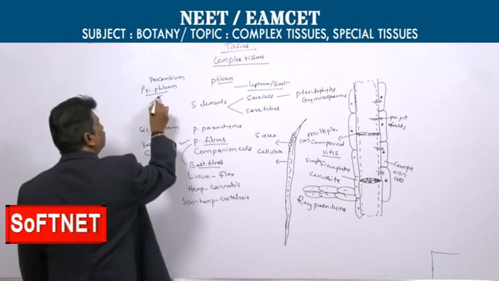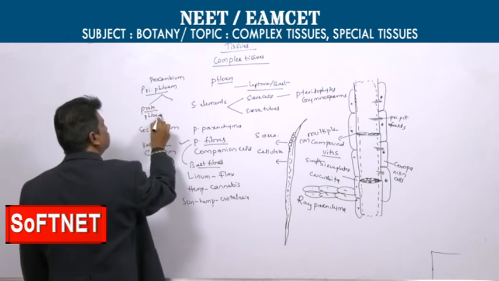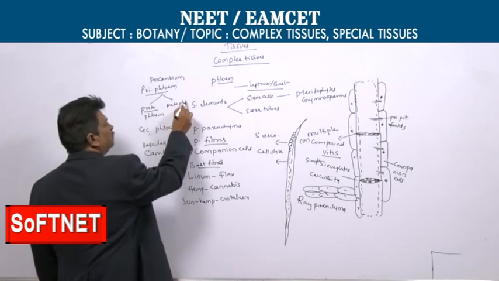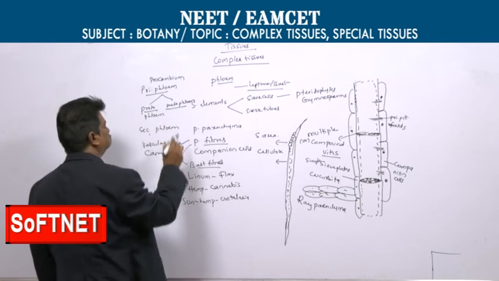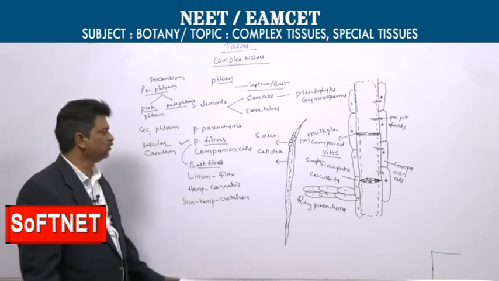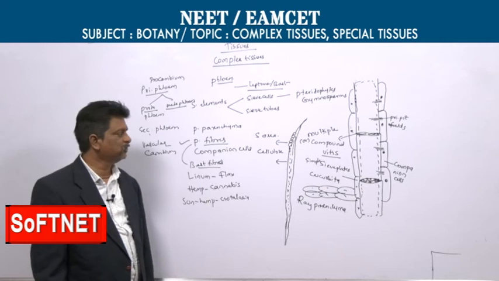Primary phloem is of two types: protophloem, the first formed phloem, and metaphloem, the later formed phloem. This phloem shows only one type of differentiation, that is centripetal differentiation.